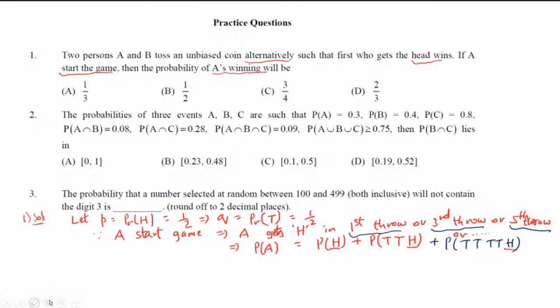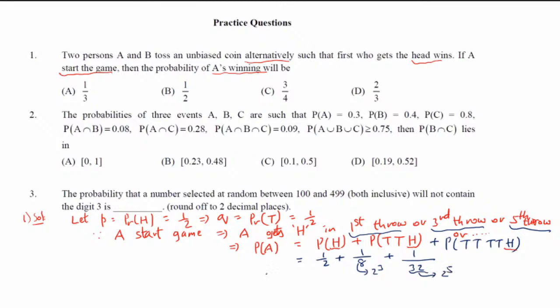So what is the answer? Getting head in the first throw, that means a coin toss at one time, 1 by 2. Three throws, the third throw means coin tossed 3 times, total outcomes 8, 1 favorable outcome, TTH, 1 by 8. Five times, that is 2 power 5, 32, 1 favorable outcome. So this 8 is 2 cube, this 32 is 2 power 5, 5 throws.